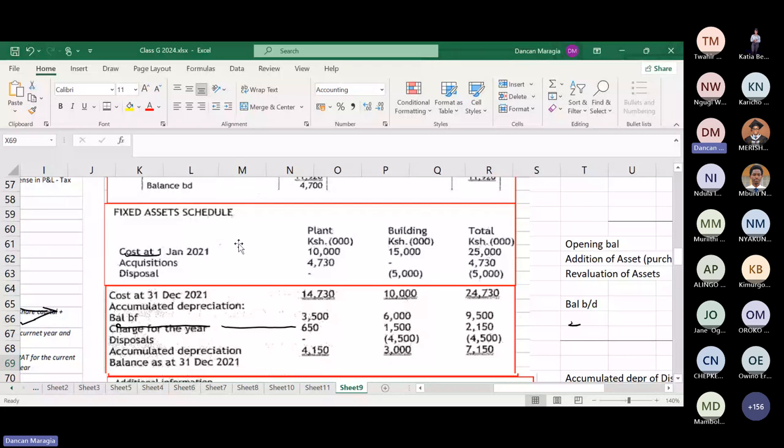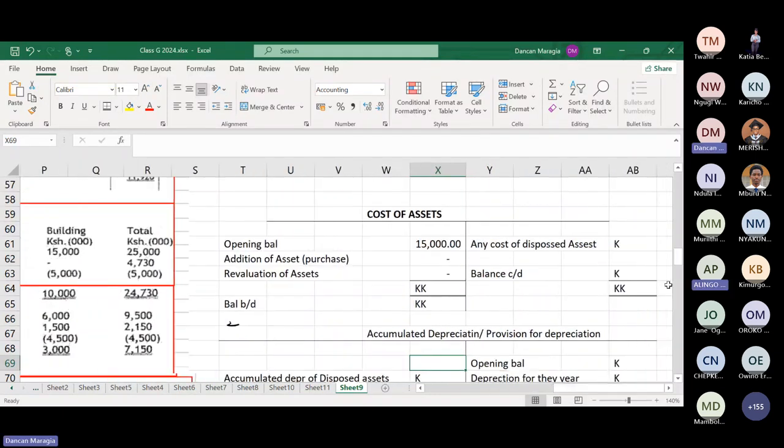Under building, under the cost part, the first part is the cost, the second part is the accumulated depreciation. So it tells us there was a building that was sold that had an original cost of how much? 5,000. So that building will be here. 5 million or 5,000, it's okay still. Any cost of disposed asset.